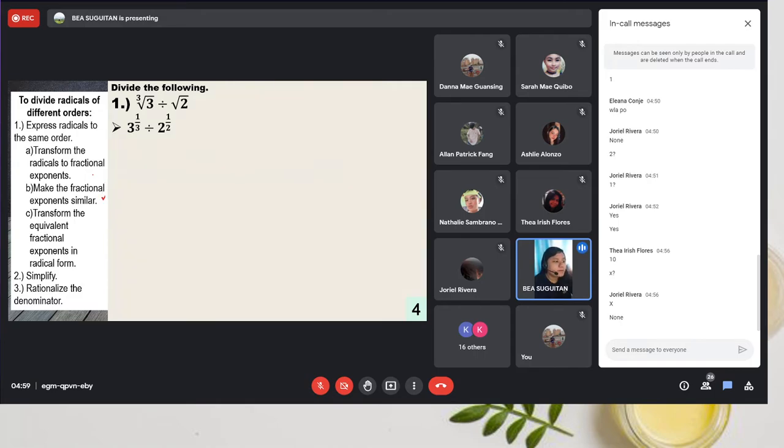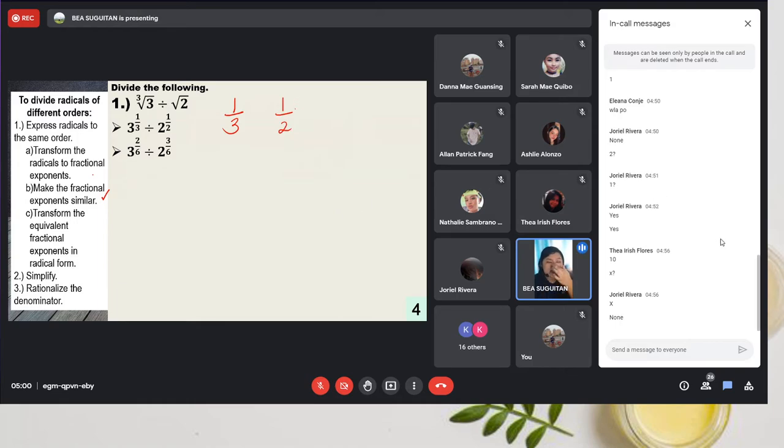Next, step 1B. Paano po ba natin gagawin na similar ang ating fractional exponents? Okay, so you just have to do this one. Okay, ma'am, paano po nangyari yon? Okay, so focus tayo kay exponents. We have 1/3 and then 1/2.